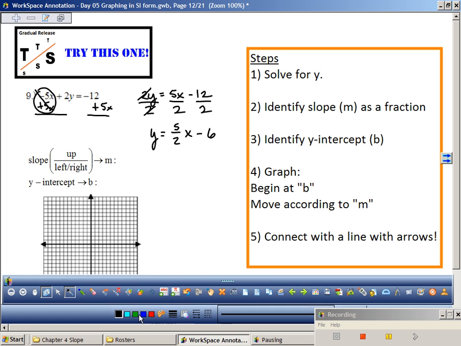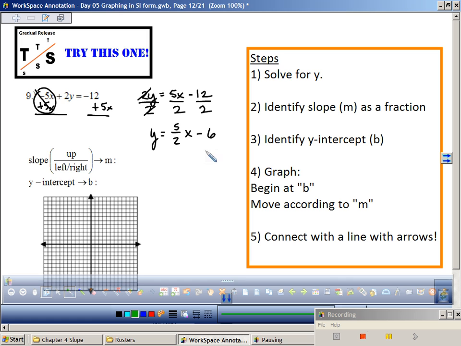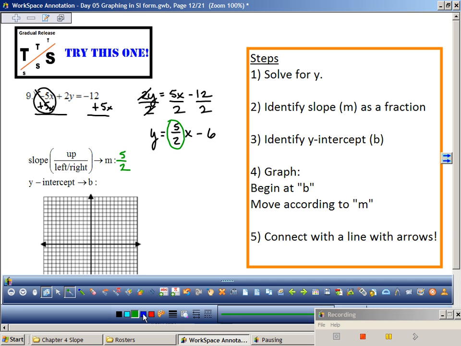Joshua, what is my slope? Good job. 5 over 2. And Celeste, what is my y-intercept? -6.